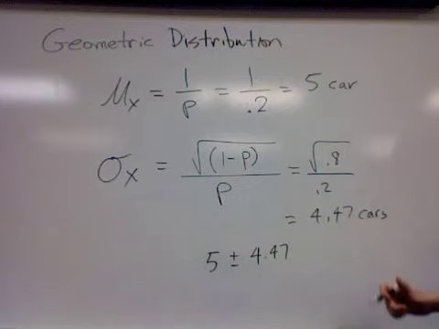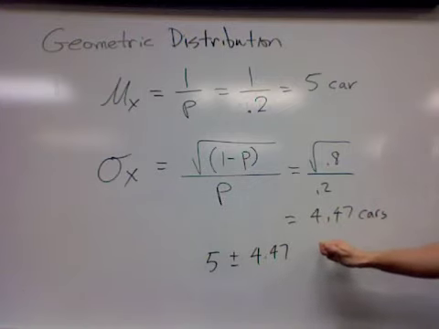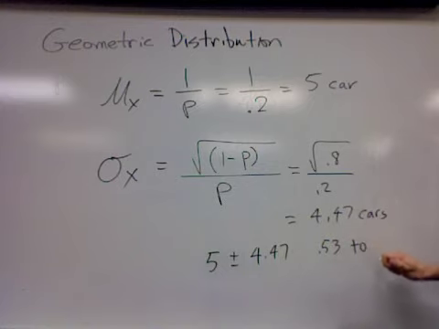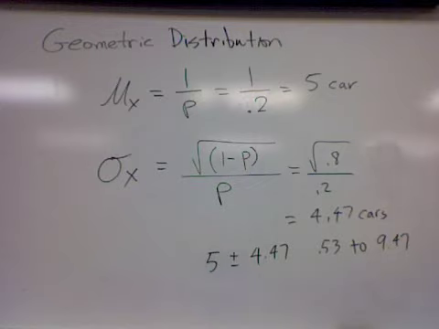So a typical first car that you'd see speeding is somewhere between 0.53 cars to 9.47 cars, or you'd say between 1 and 9 cars would be the most likely first car that you'd actually see speeding out of a bunch of cars. Anything beyond 9, it'd be pretty surprising to see that would be your first car that was speeding.